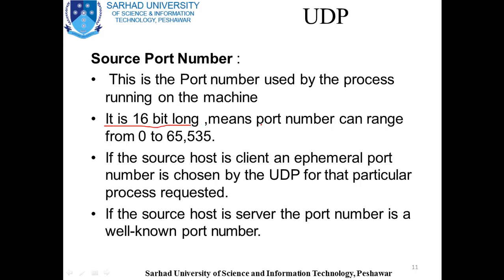It means the port number can range from 0 to 65535. Because it's 16-bit long, there is a combination of 2 power 16, so it will go from 0 to 65536. If the source host is a client, a formal port number is chosen by the UDP for a particular process requested.